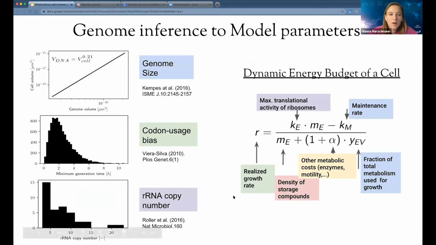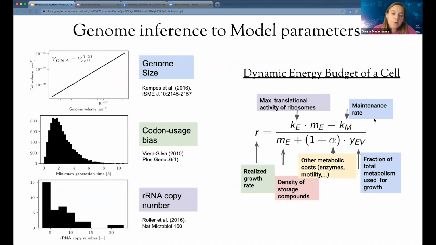So on an organism level, in the dynamic energy budget model, cell size is a key physical constraint because it partitions the energy budget of a cell, as shown here on the right, into different fractions used for either growth, maintenance, or other metabolic costs that we want to include.